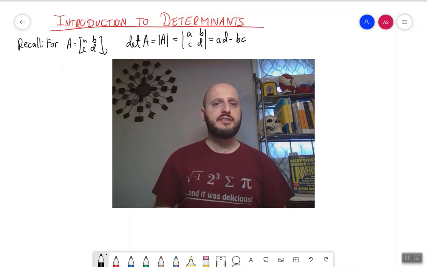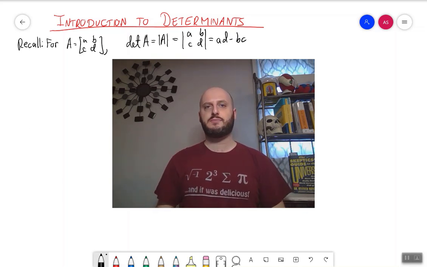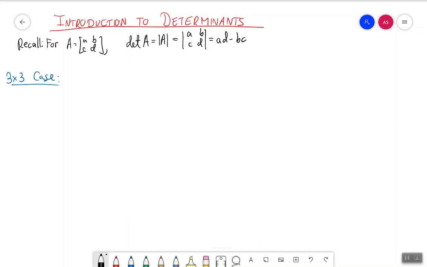To give you a taste, let's see what form the definition takes for 3x3 matrices. To do the 3x3 case, let's take a look at this matrix. We then make the following definition for the determinant.